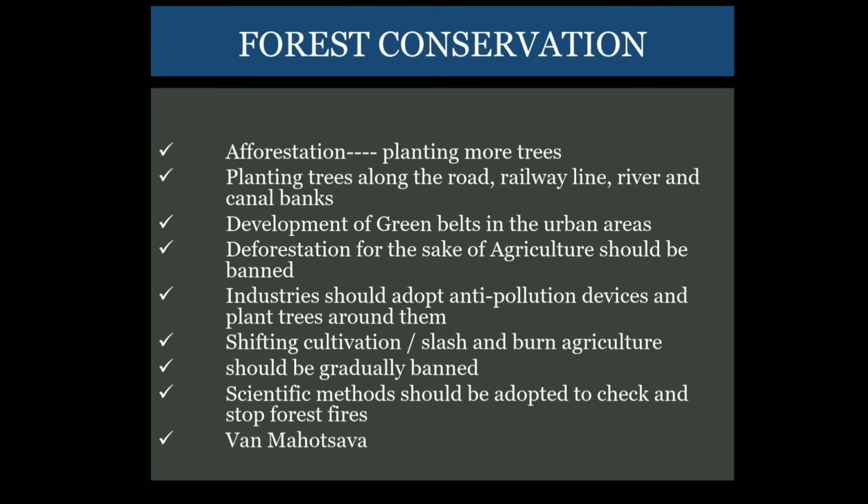Development of green belts in the urban areas. Deforestation for the sake of agriculture should be banned. Industries should adopt anti-pollution devices and plant more trees around them. Shifting agriculture, or shifting cultivation, also known as slash and burn agriculture, should be gradually banned.